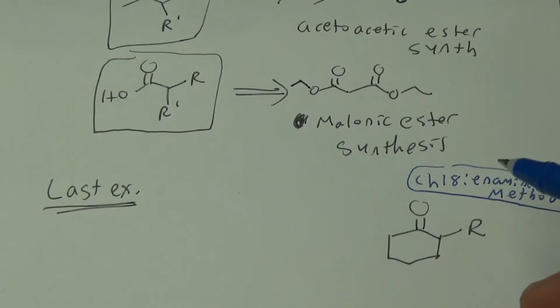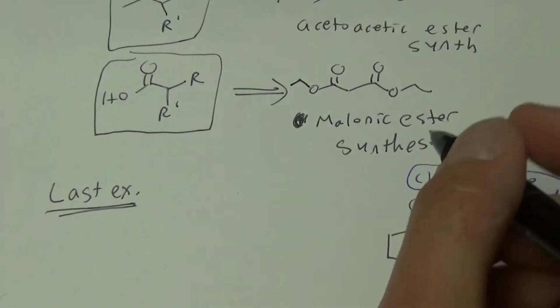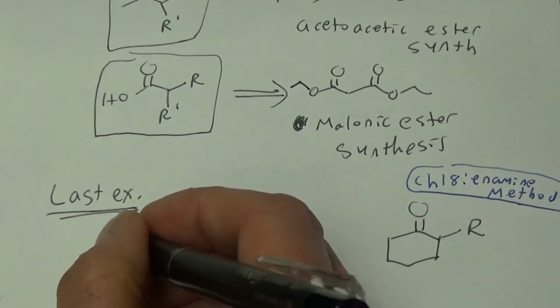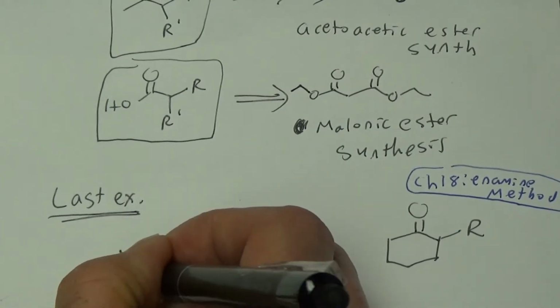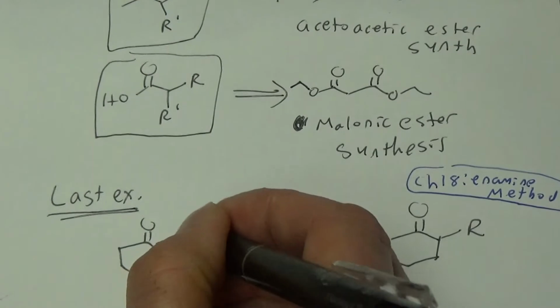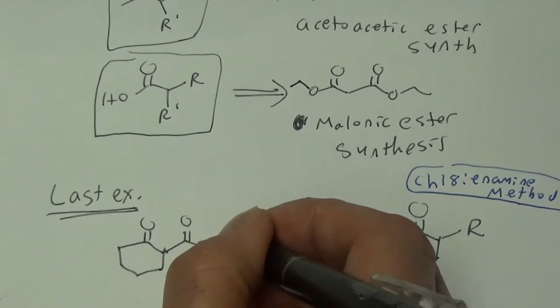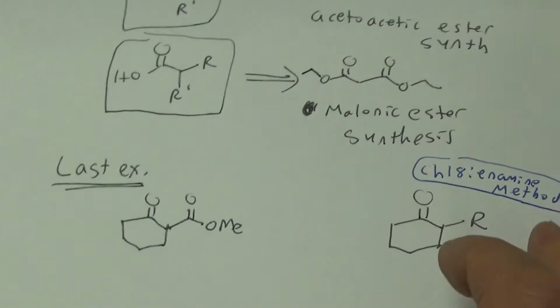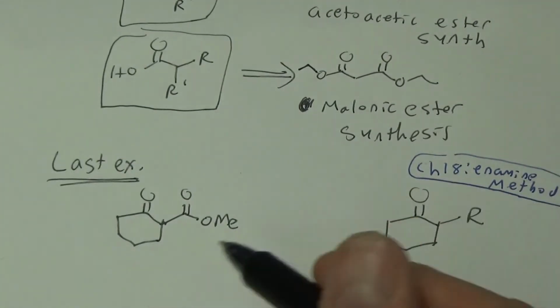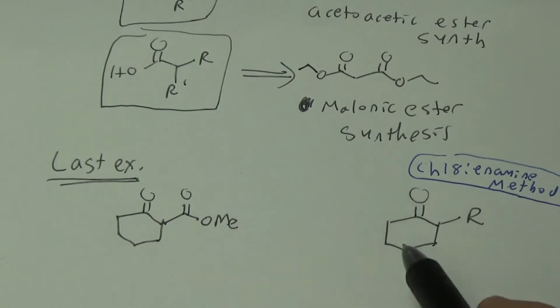But now, given what we now know, let's talk about another way to do it. Another way is to start with a molecule that looks like this, which is a beta keto ester. This is another very elegant way to do this. This is a methyl ester, ethyl ester, whatever, it doesn't matter. The enamine was one elegant way to make this. This is going to be another elegant way.